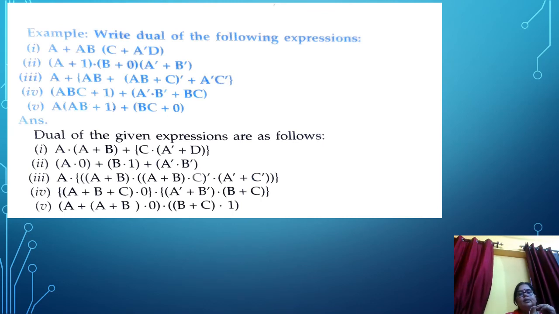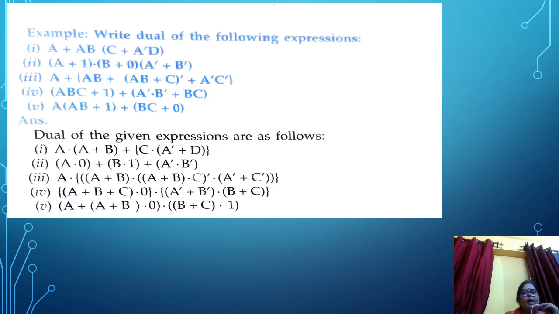See students, here some expressions are given and how you are going to change them to their dual. So the first expression is there. Students, it is written directly like this only, it comes in the board. So pay attention here. A plus A B in the bracket, it is C plus A not D. So the variables will be the same.